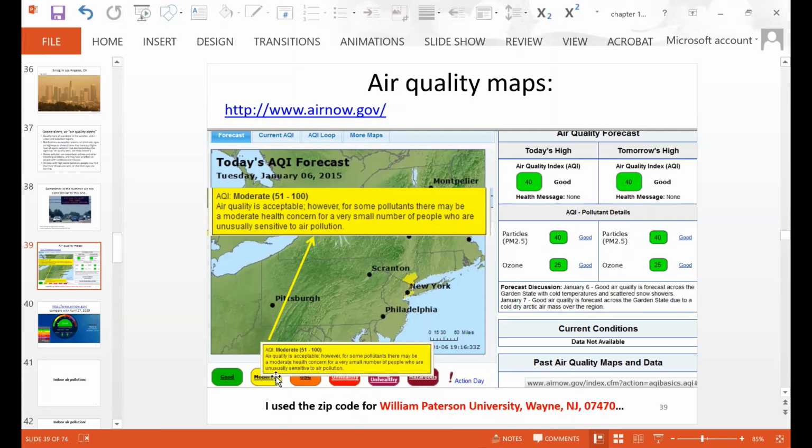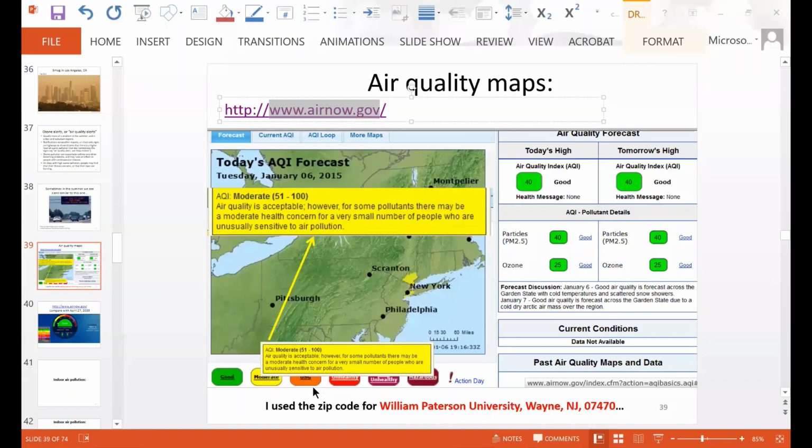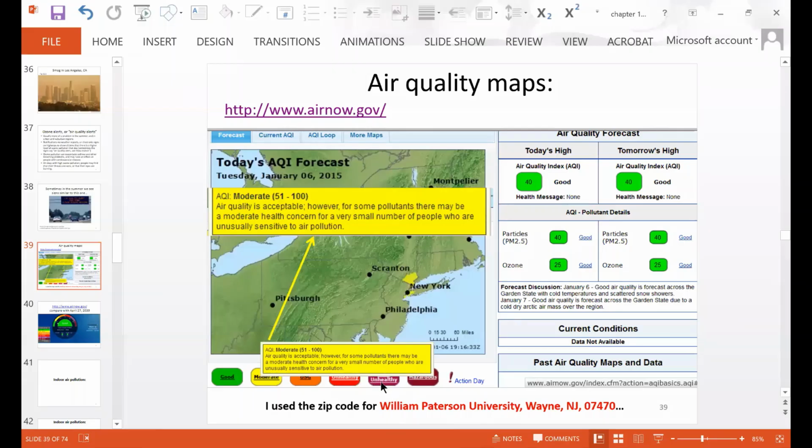It says good, moderate, and this orange says USG, which is unhealthy for sensitive groups. And then you have unhealthy, very unhealthy and hazardous.